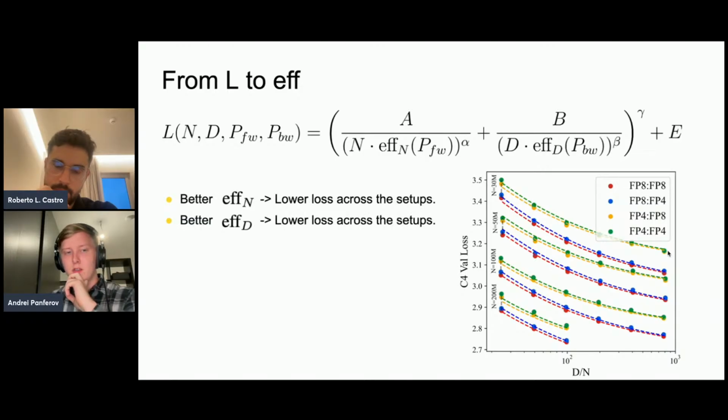And as such, from comparing a single setup, we can now compare a whole family of models trained for different durations.